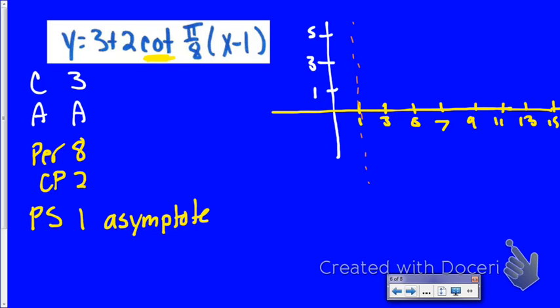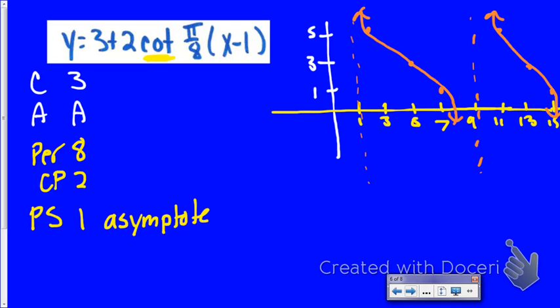My cotangent parent function, my next point was high. Middle, low, asymptote. High critical point, middle critical point, low critical point, and at 17 I would have an asymptote, but I'm out of space. So this is almost 2 whole cycles of my cotangent function. So again, it's just finding your x-axis, finding your y-axis, very similar to the way we did sine and cosine graphs. It's just a different pattern to follow.